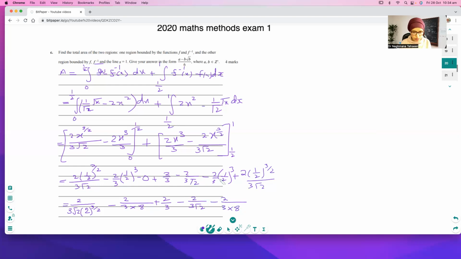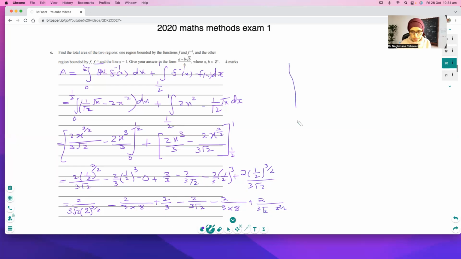Okay, so that would give you plus 2 over 3 root 2 and 2 to the power 3 on 2. So you see these two are the same term, these two are the same term, these two are the same term.